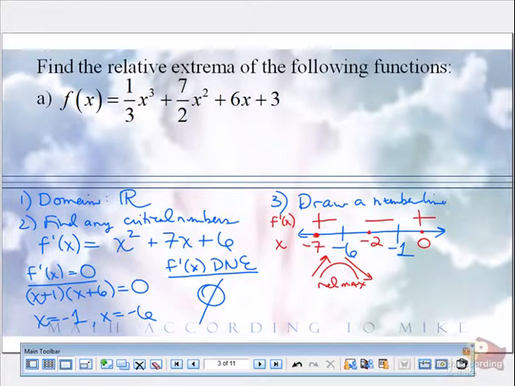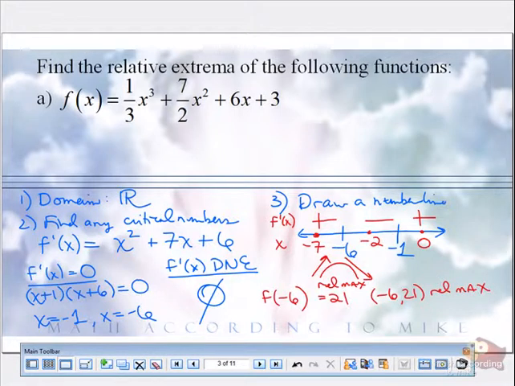How do we find the corresponding y coordinate? Plug it into the original function. So you're going to go back and find f of -6. So you go back to the original function when you need a y coordinate. 21? So the formal answer would be -6, 21 would be your relative maximum.